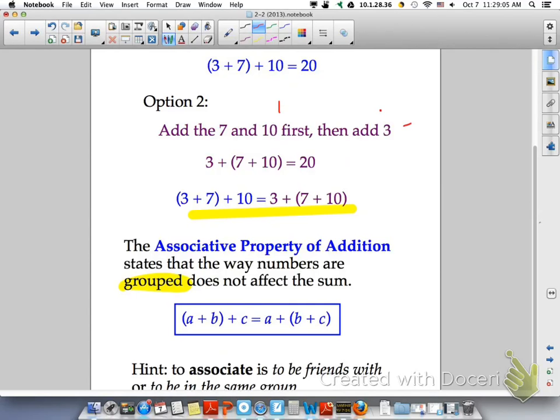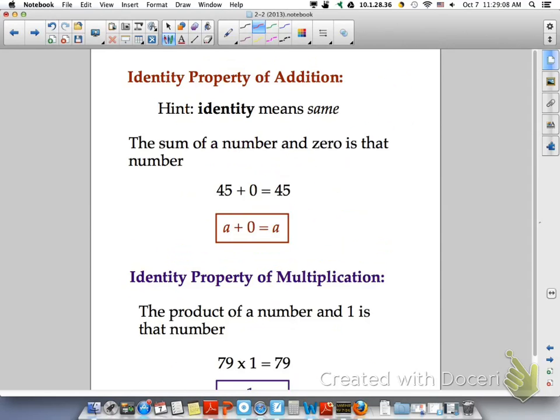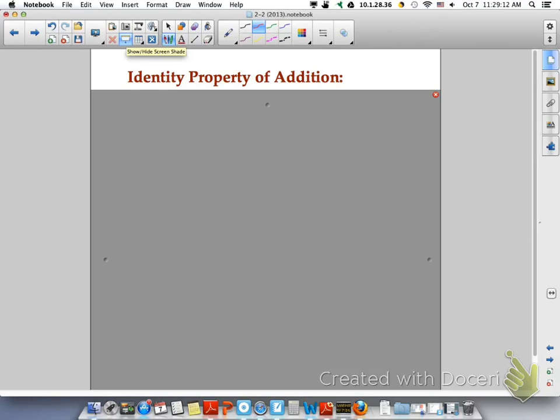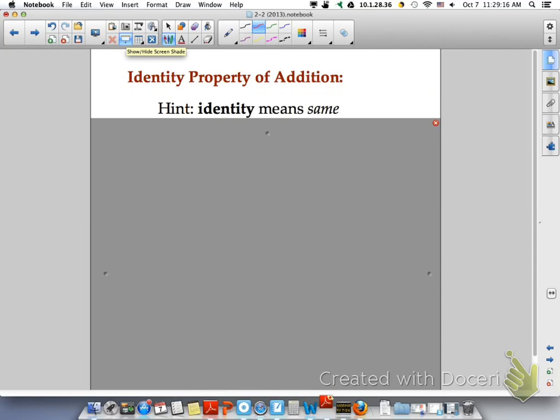Right, so four properties down, two more to go. The next one is the identity property of addition. I'm going to give you a little hint. Identity means same. So essentially I want to start with a number, do something to that number, and end up with the same number.